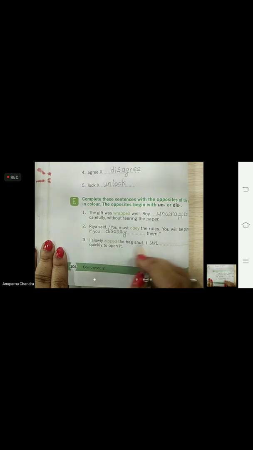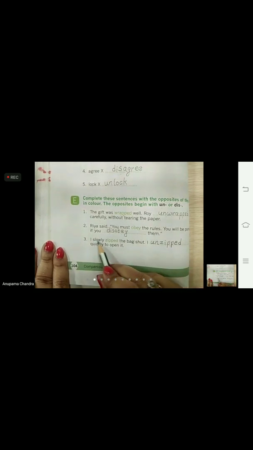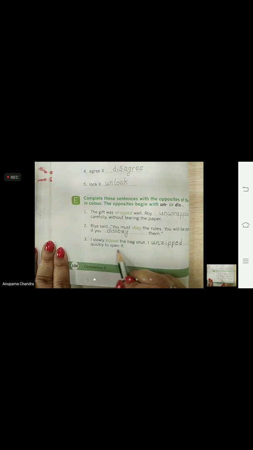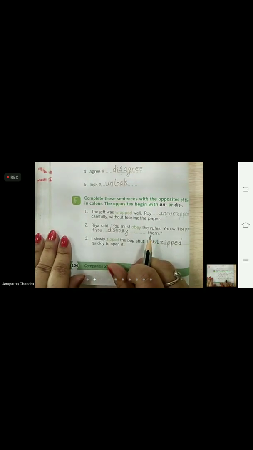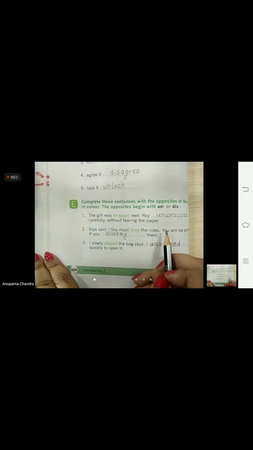I slowly zipped, unzipped. Un, Z-I-P-P-E-D, zipped, unzipped. I slowly zipped the bag shut. I unzipped quickly to open it. Okay? You have to remember, children, where we have to use UN and where we are going to use DIS. I repeat the sentences. The gift was wrapped well.